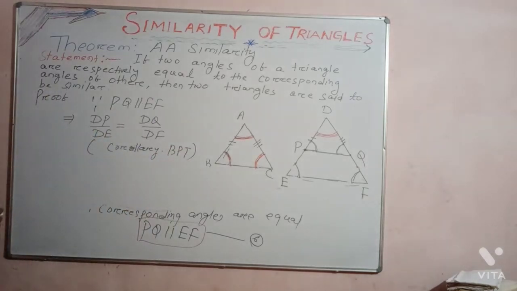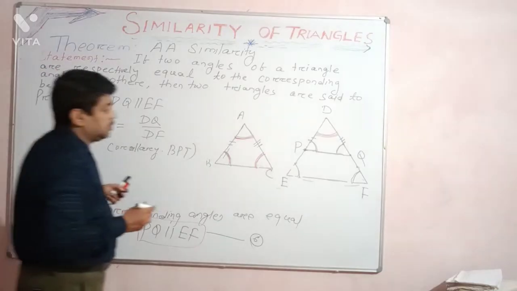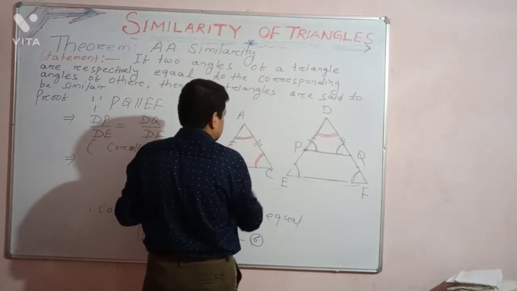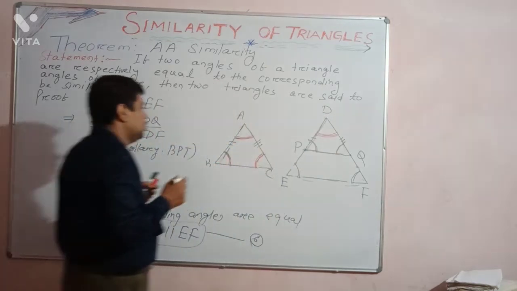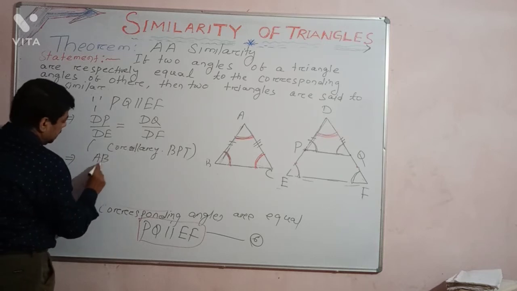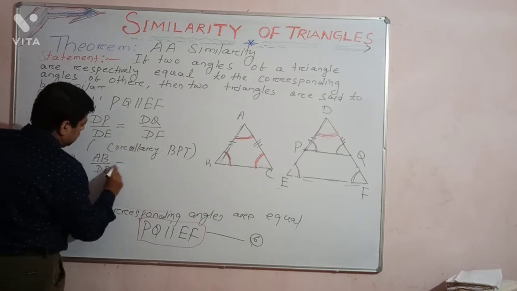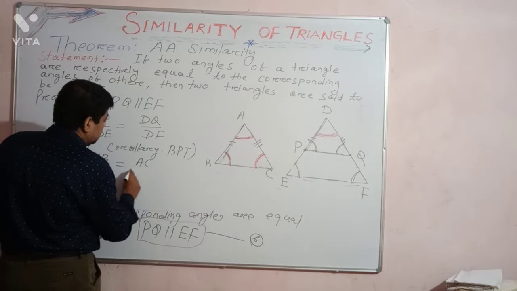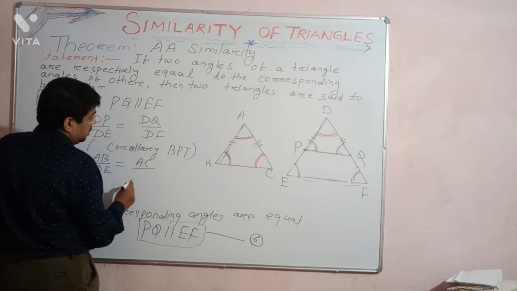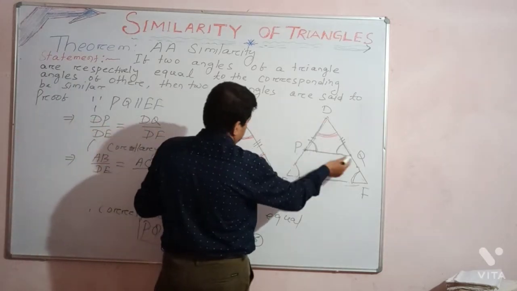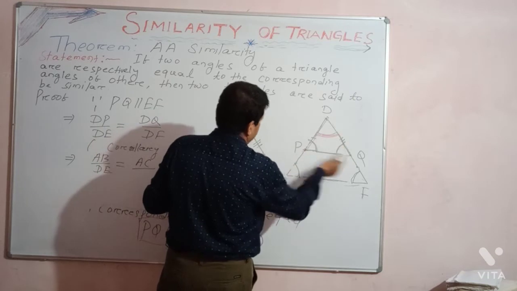Yes or no? So that implies in place of DP, can I write AB? Because according to the construction, DP is equal to AB and DQ is equal to AC. So in place of DP, I can write AB, and in place of DQ, I can write AC.